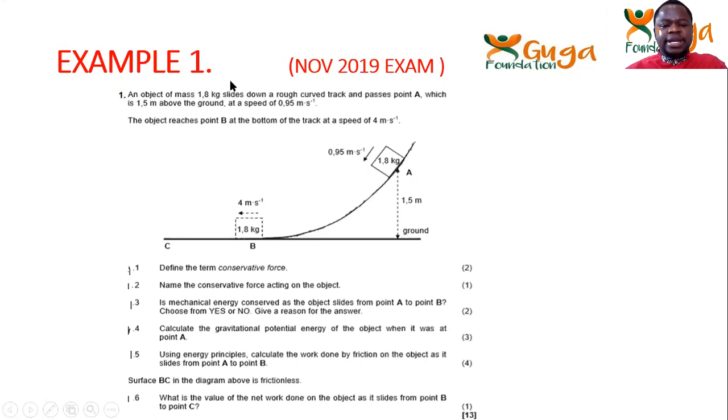Note the word rough: it gives you a hint that there is a frictional force acting on the object. It passes a point A, which is 1.5 meters above the ground, at a speed of 0.95 meters per second. The object reaches a point B, at the bottom of the track, at a speed of 4 meters per second.